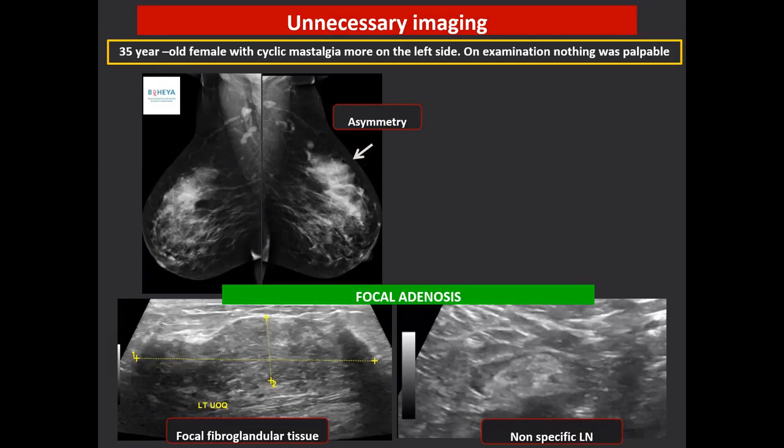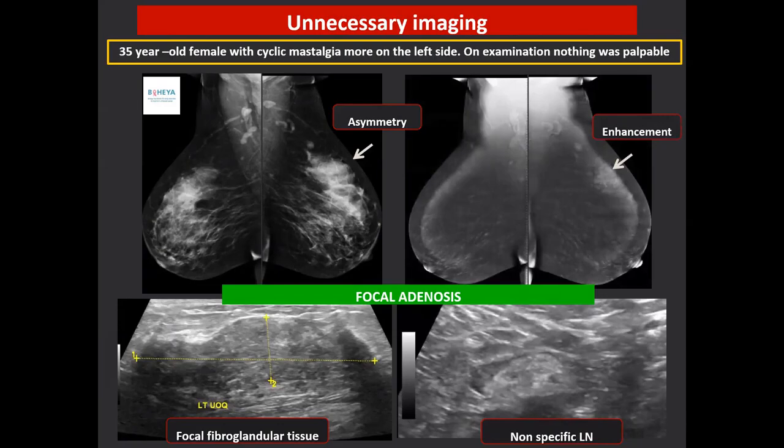When she went back to her clinician, he insisted on performing a contrast mammogram, and because focal adenosis is condensed fibroglandular tissue, sometimes it shows subtle enhancement on contrast mammography. And this was the case. She had subtle enhancement. And when the clinician saw this, he insisted on performing a biopsy, and the biopsy came back again with focal adenotic tissue.